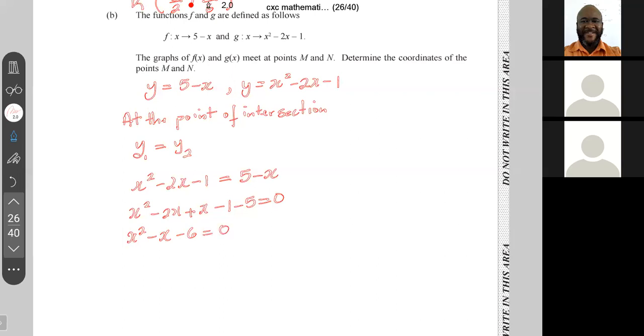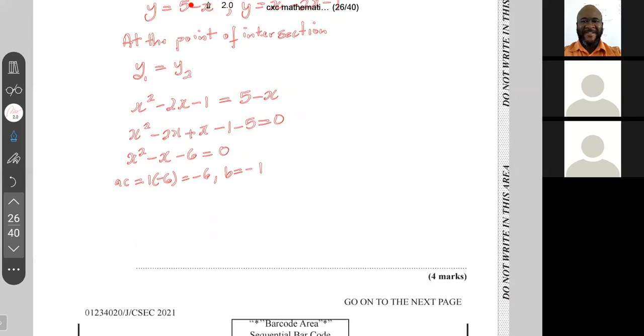I need to factorize this. AC is 1 times minus 6, and this is minus 6. B is minus 1. I need two numbers that, when I multiply them together, I get minus 6, and when I add the same two numbers together, I get negative 1.